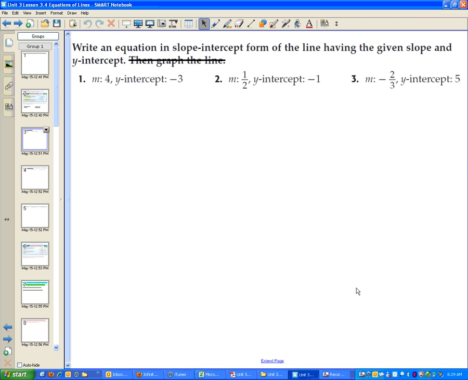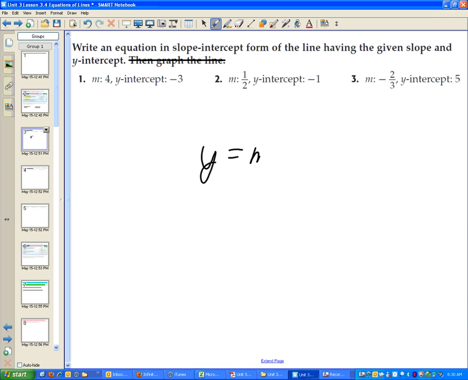All right, the directions say, write an equation in slope-intercept form of the line having the given slope and y-intercept. And we're not going to graph the line. Okay? So for number one, we know that slope-intercept form, in fact, let me just write it here.